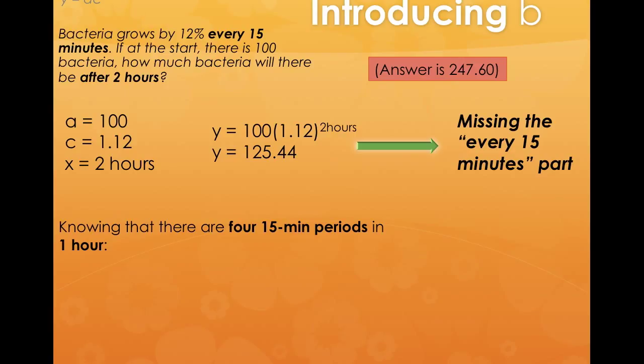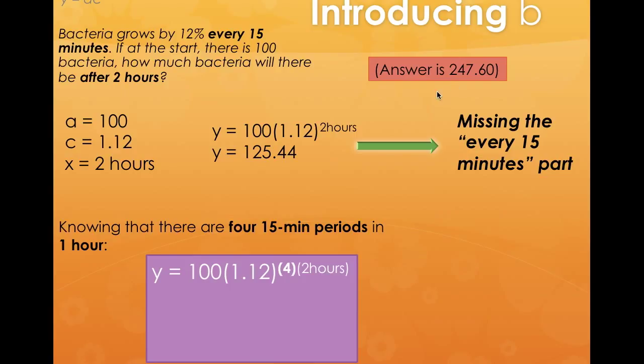Now that we know that there are 4 15-minute periods in an hour, how about we multiply the number of hours by 4? Because per every hour, there are 4 15-minute periods. So bacteria will grow 4 times every hour, since it's every 15 minutes.